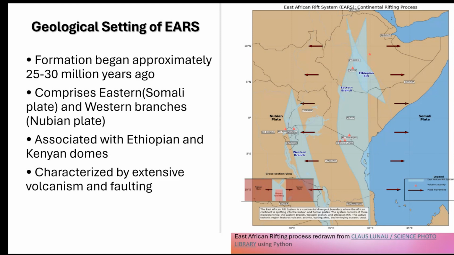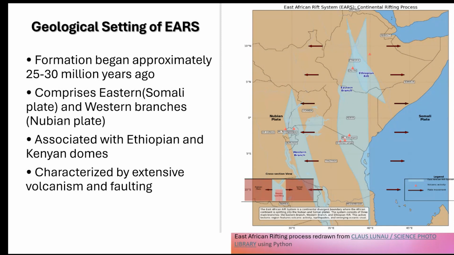Now we're having the Somali plate and the Nubian plate due to this rifting. It's also important to know that this rifting process began about 25 to 30 million years ago. So it's not something that happened today. And who knows, it's still going to take a couple million years for this rift to be completed.